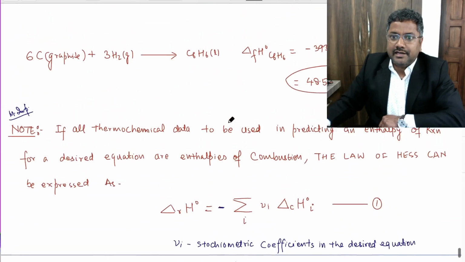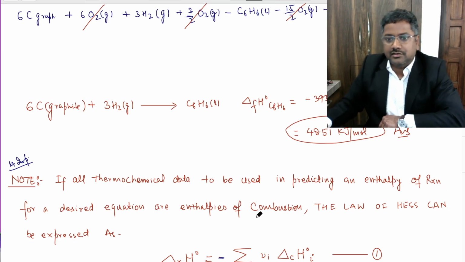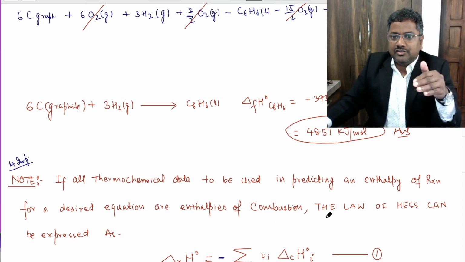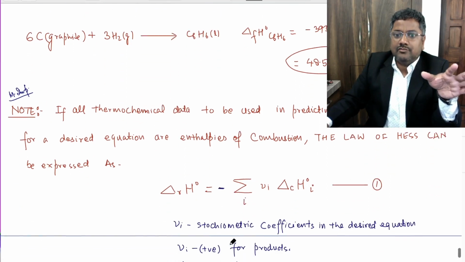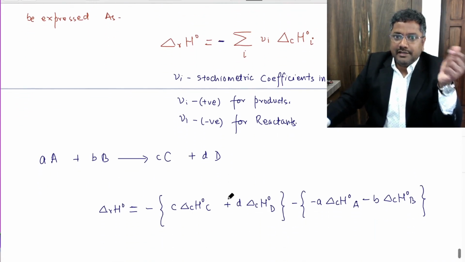And I have clearly mentioned here that if all thermochemical data, all, not one or two, to be used in predicting an enthalpy of reaction for a desired equation are the enthalpies of combustion, means if all the data given to you are combustion, then you have to use this equation. One negative sign is used here, right?